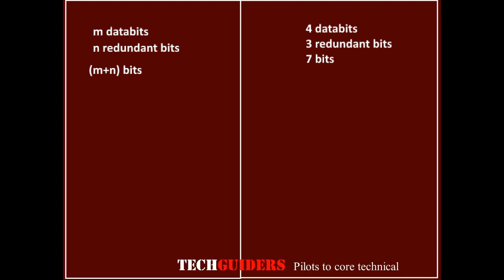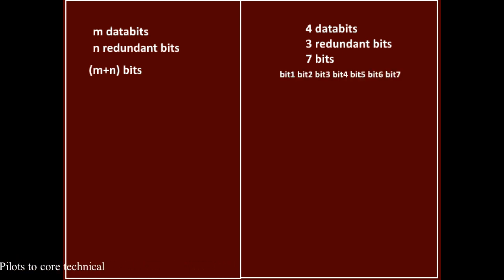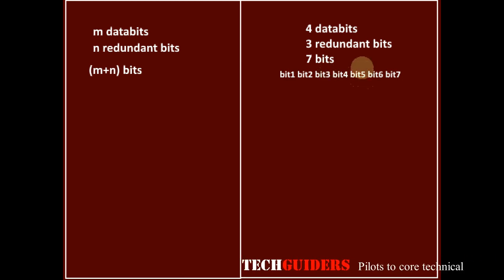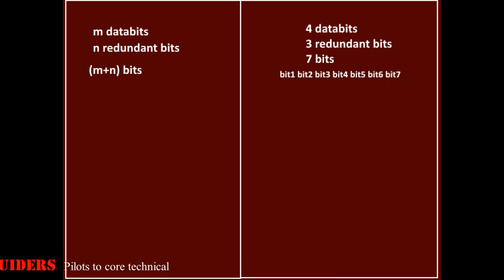So what are the chances of that 1-bit error? Sometimes bit 1 may be corrupted, or bit 2 may be corrupted, or bit 3 may be corrupted, or there may be error at bit 4 or 5 or 6 or 7, or there may be no error at all.